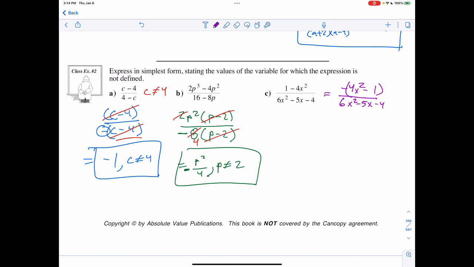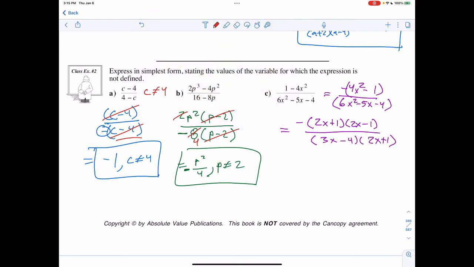Now, I still just have a difference of squares on the top, and I can fully factor down everything in the bottom by decomposition. So when I factor it, I am going to have negative 2x plus 1, 2x minus 1 when I do the difference of squares for the numerator. And in the denominator, I'm going to factor it down to 3x minus 4 and 2x plus 1.